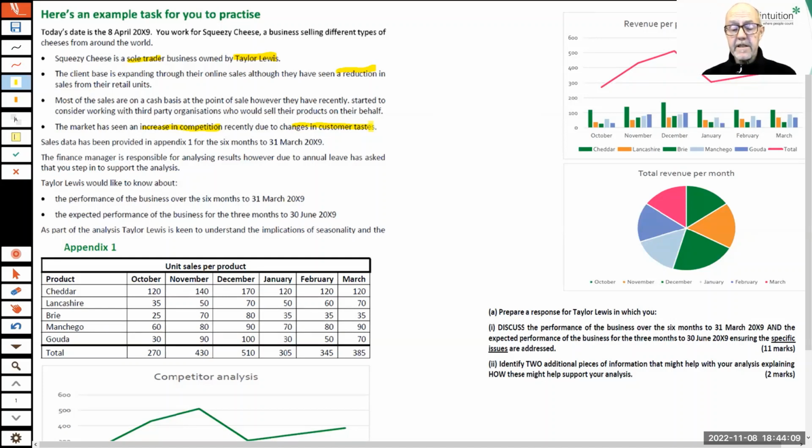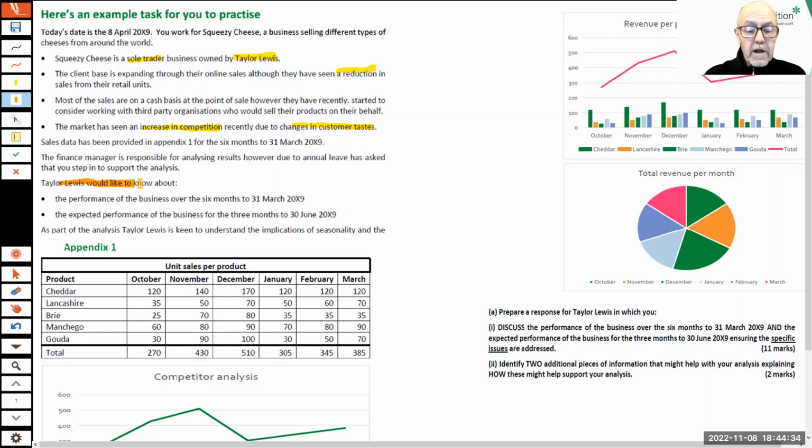Appendix 1 would be in a report. This would be the end of the report, which is 6 months to March, and this data finishes a week ago. The finance manager is responsible for analysing results, but he's not there, so you've been asked to step in. Now, very important, what are we being asked?